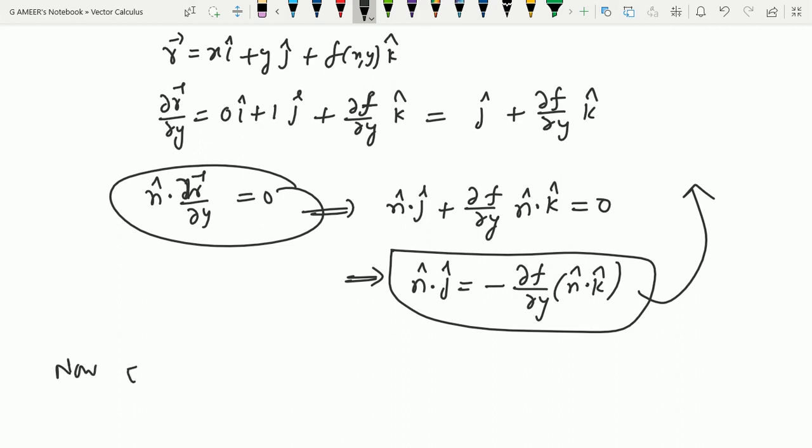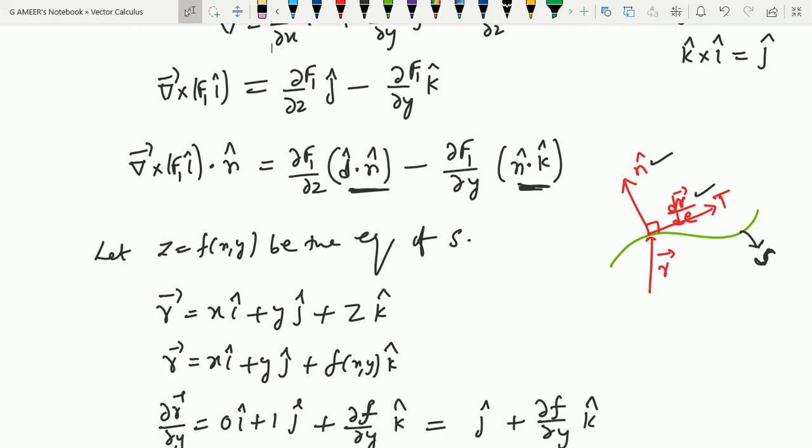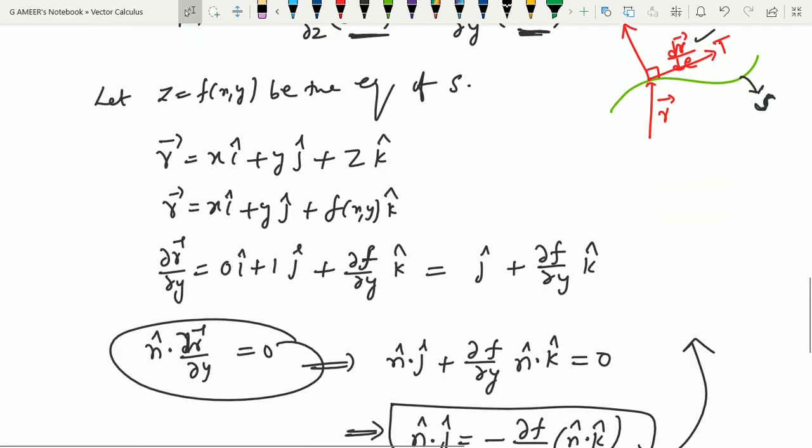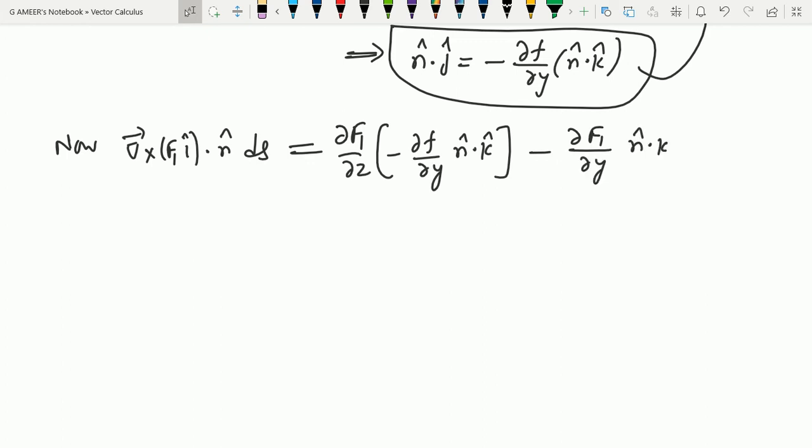So finally, del cross f1 i dot n cap ds will be equal to, in the positive term, dou f1 by dou z into minus dou f by dou y into n dot k, then minus dou f1 by dou y n dot k, the entire thing multiplied with ds.